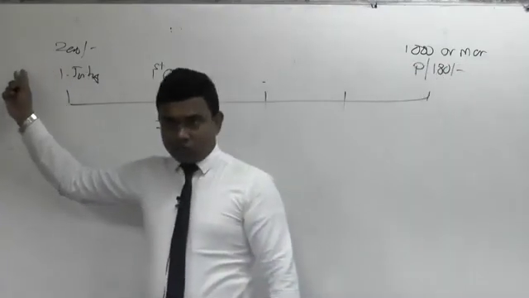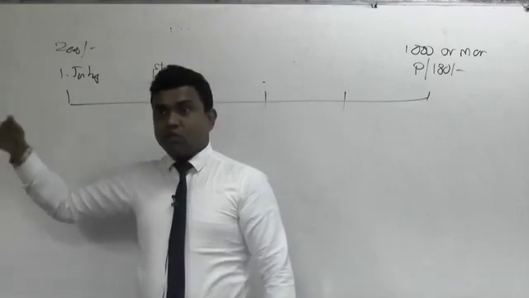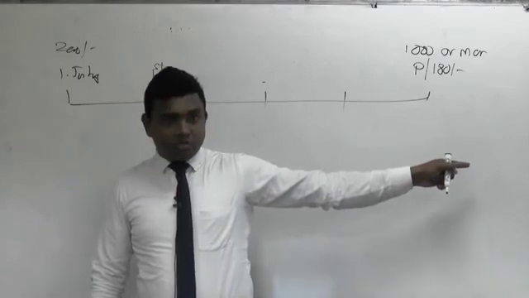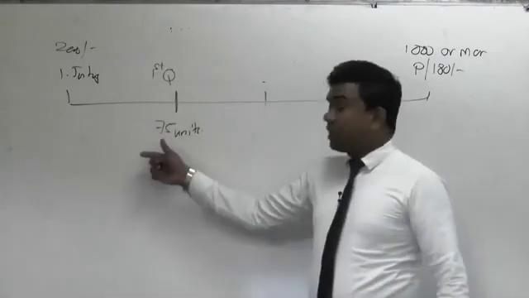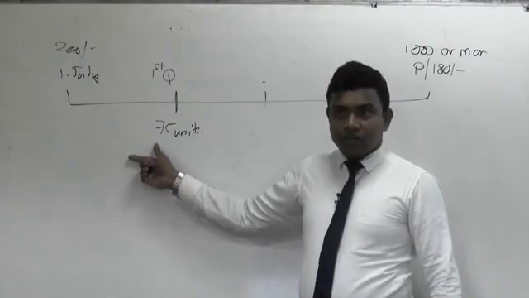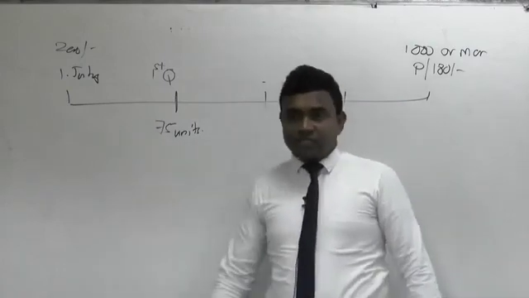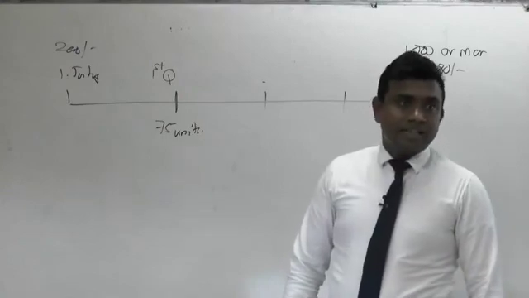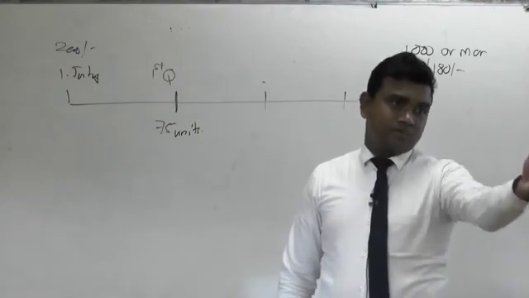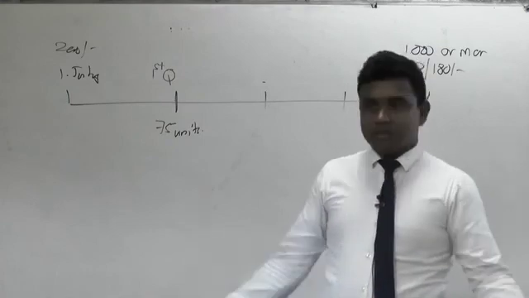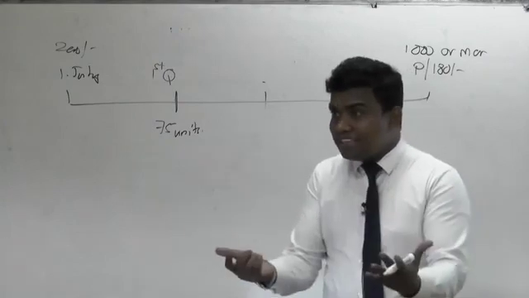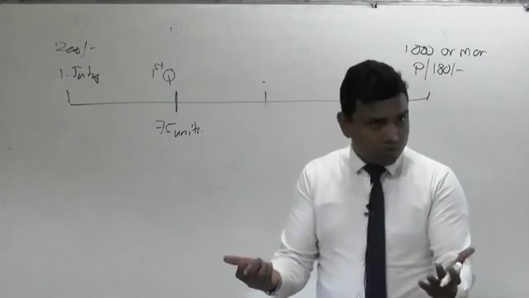To sell 1 unit at 200. But you told them if you buy more than 1,000, you will reduce the price to 180 retrospectively. At the end of the first quarter, how much did you sell? 75. Based on this quantity, can you say they will buy 1,000? No. Per quarter 75, then per annum how much? Maximum 300.